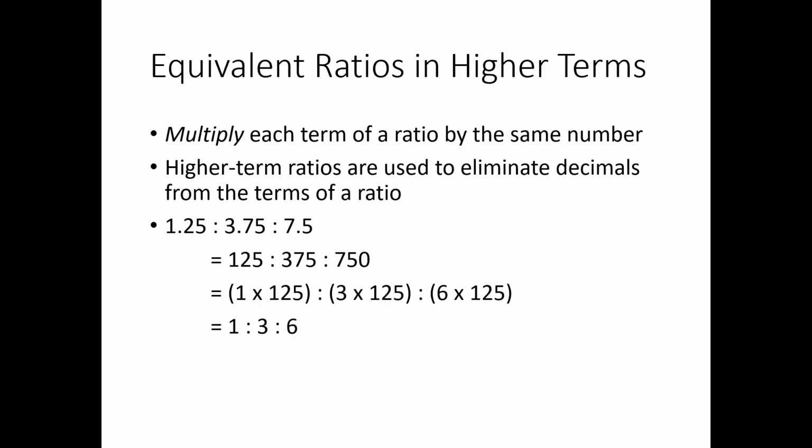But if you're not quite that way, you could look at that and say, 125, that's like $1.25. 375, that's like $3.75. 750, that's like $7.50. If I think of it like money, I could divide these things by a quarter, or 25.